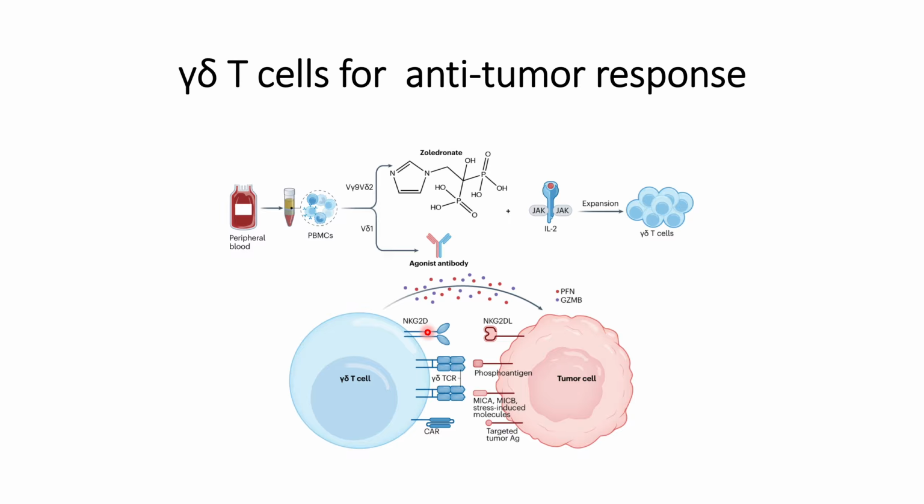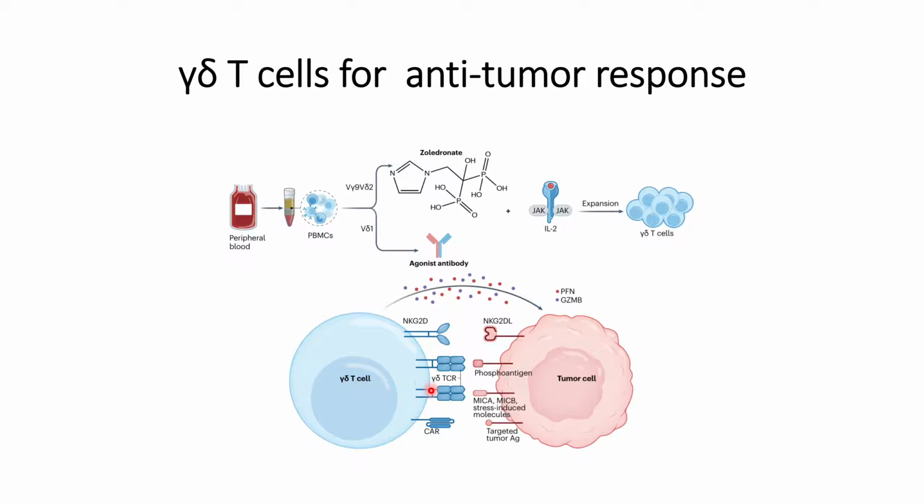It also has the NKG2D receptor, and that can interact with the NKG2D ligand on the tumors, thereby triggering the release of the lytic granules from the gamma delta T cells.